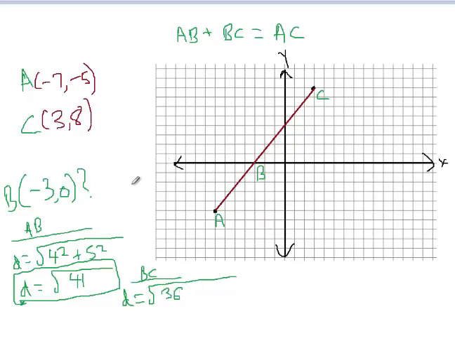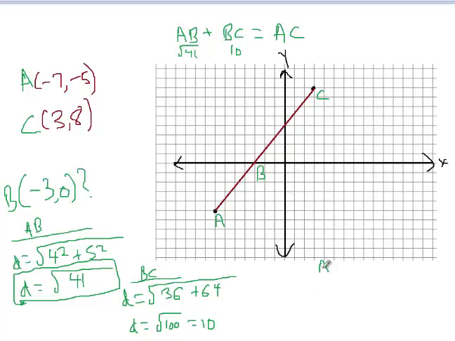And the y component is 0 minus -8, which is +8, which is plus 64. So the distance equals the square root of 36 plus 64, which is the square root of 100, which equals 10. So these two segments: AB we figured out was the square root of 41, BC we figured out was 10.